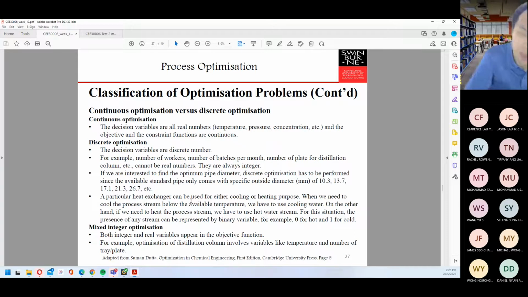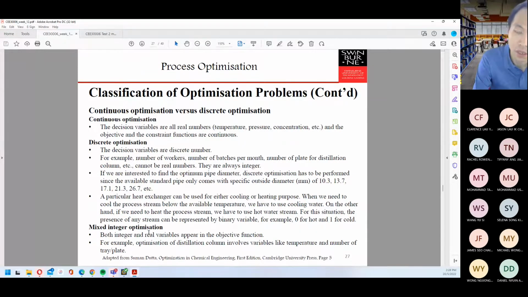Okay, and then like what we showed earlier, we can have a continuous optimization or we can have a discrete optimization. If we have a mix of continuous and discrete variables in one problem, that is something we call a mixed integer optimization problem.